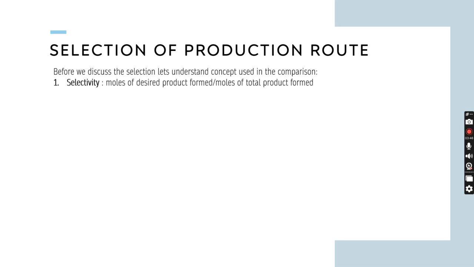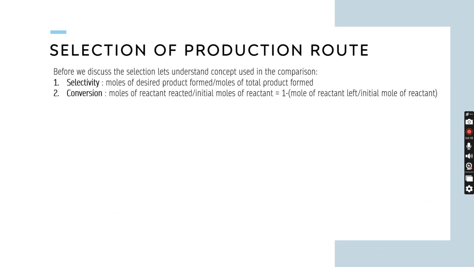Let's say you have two raw materials, A plus B in a reaction gives C, and also C plus B combine to give D. So you have two products, C and D. The selectivity will be moles of C produced divided by moles of C plus moles of D produced. So it says if 1 mole of the reactant is converted, how many moles of the desired product will be produced.